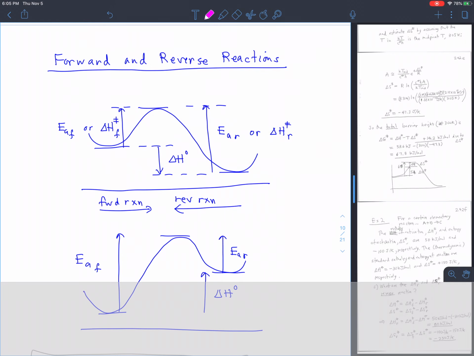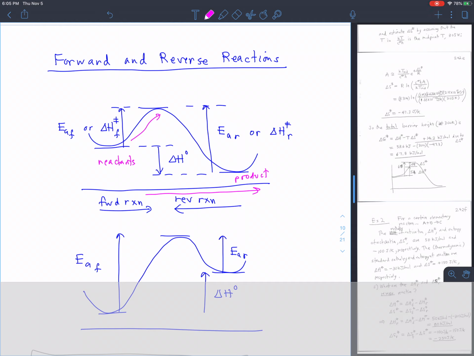So I said last time that in this reaction energy diagram, there are reactants, there are products over here, and by following this reaction coordinate, you move from reactants to products, and as that happens, you get up and over the hill.